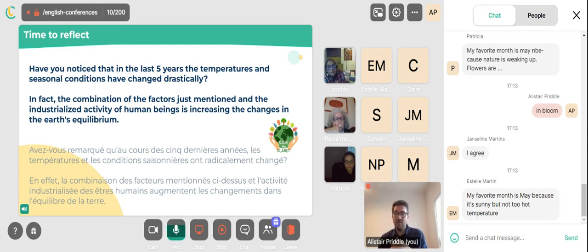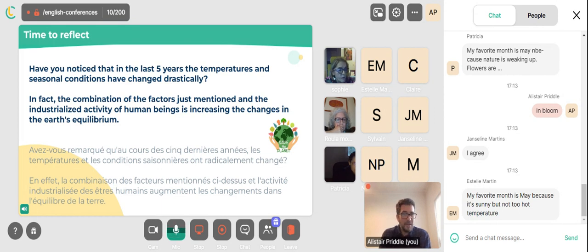In fact, the combination of the factors just mentioned and the industrialized activities of human beings is increasing the changes in the Earth's equilibrium.